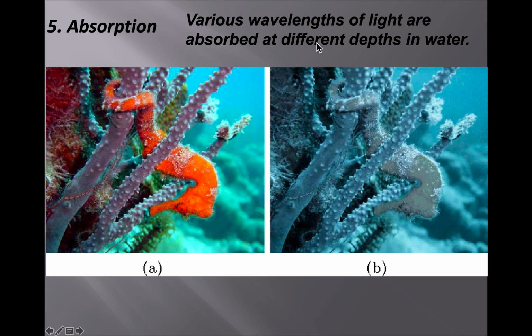So again, various wavelengths of light are absorbed at different depths in water. And again, you can get a closer look at the image of the seahorse. Without any additional light added to it, everything looks more of a bluish green color. But in actuality, this is what the seahorse and the coral actually look like.